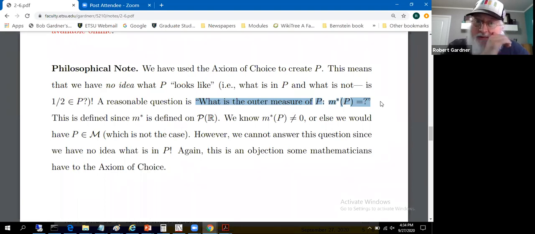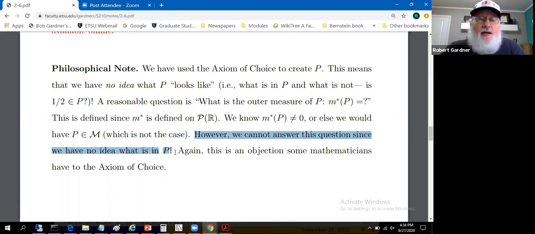I should watch my words because this is strange stuff and it's easy to make mistakes. But there's a real nebulosity about how set P is defined. It's a reasonable question to ask what's its outer measure. Well, I don't think you can determine that because set P isn't very well determined. It has an outer measure, but I don't know what it is well enough to have any clue what that outer measure is. In fact, I think I could probably make it anything between 0 and 1, excluding the endpoints at least.